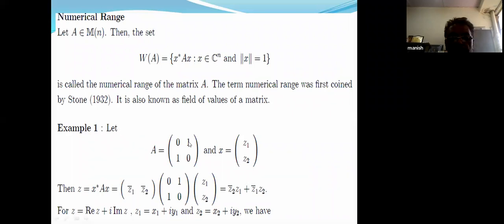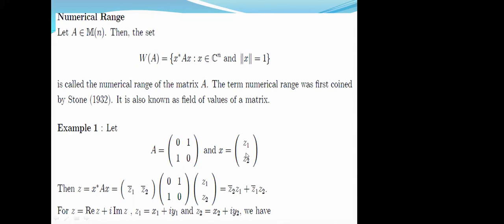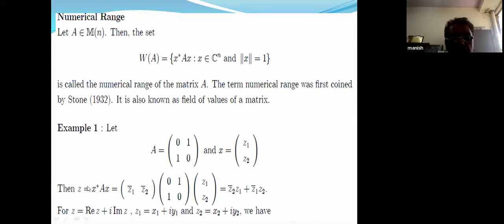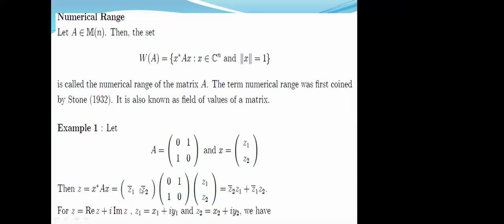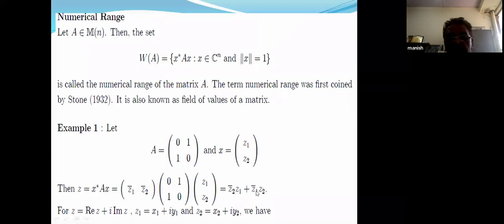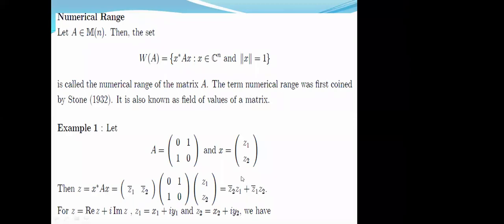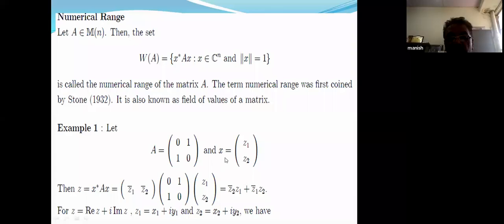If we take A to be this matrix, take x to be this vector (z1, z2) belonging to C2. Then x star Ax comes out to be z2 star z1 plus z1 star z2. Also note that x is a unit vector. Therefore, x star x is 1.